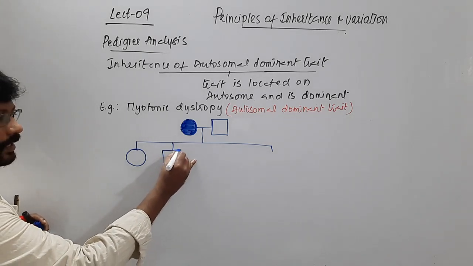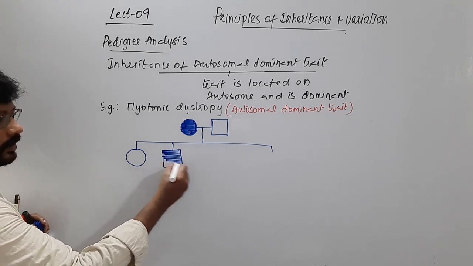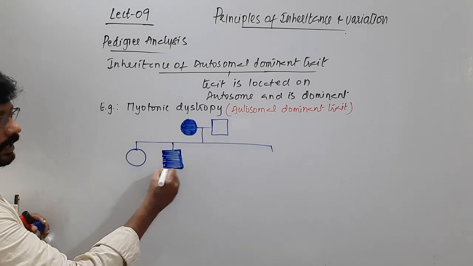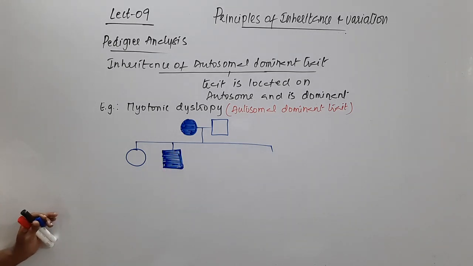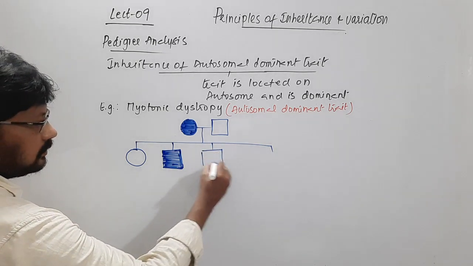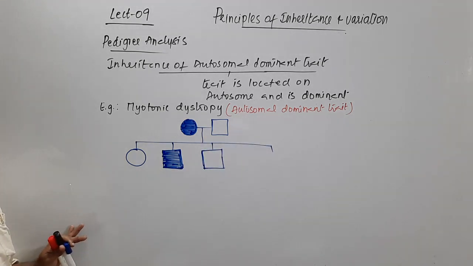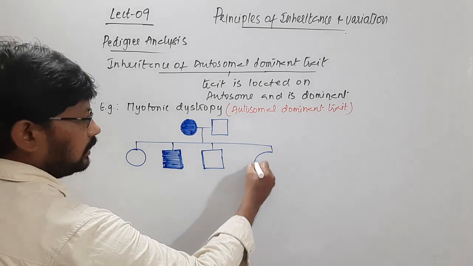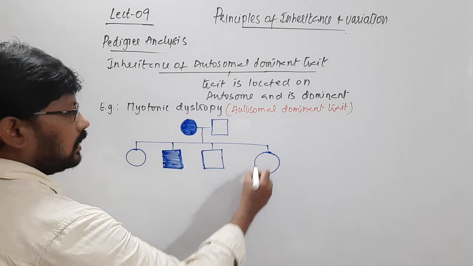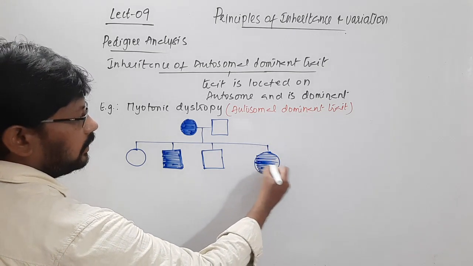Second, they had a son, and the son inherited that trait. Next they have another son, the third one, and he is normal. Lastly they have one more daughter, and the daughter also inherited the trait.